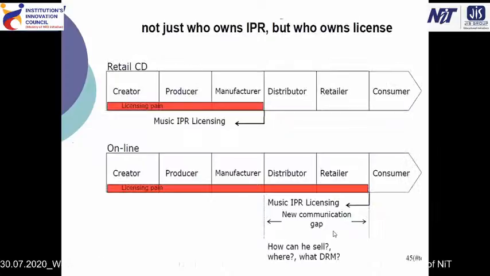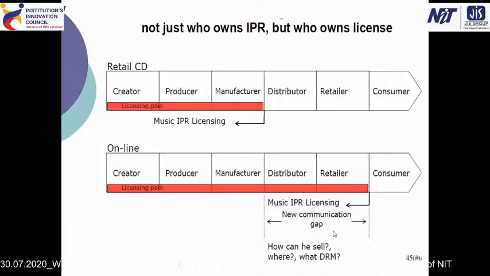here we see retail CDs and online CDs. In the retail system, the flow goes from the creator to the producer, manufacturer, distributor, retailer, and consumer. But in the online system, IPR licensing in music goes from creator to consumer indirectly.